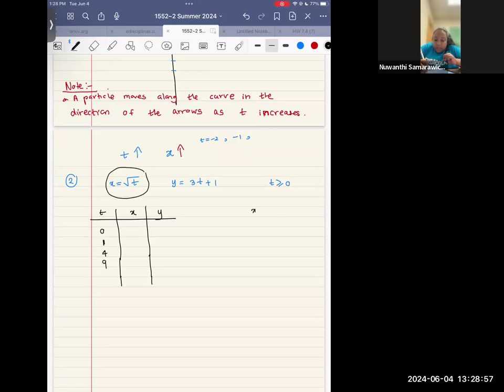Square root of t means that if it is a negative value, then you get complex values. So because of this equation, t should be greater than or equal to 0.